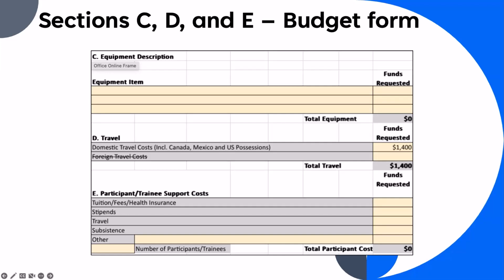Per diem is pretty much the only mechanism we have for our grants that allows for the funding of food on projects. Generally, food is not an allowable cost, except for staff who are directly working on the project and traveling and obviously need funds for food because they are working, right? They're working and they're traveling.